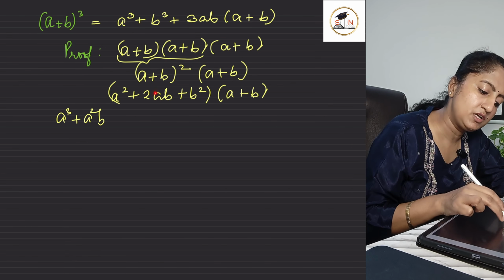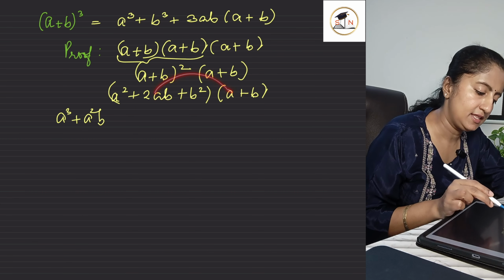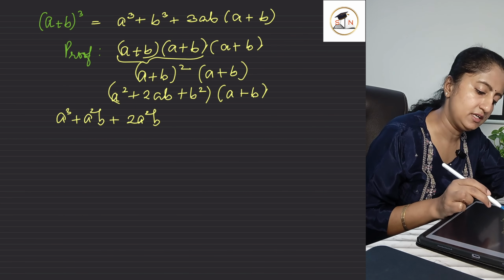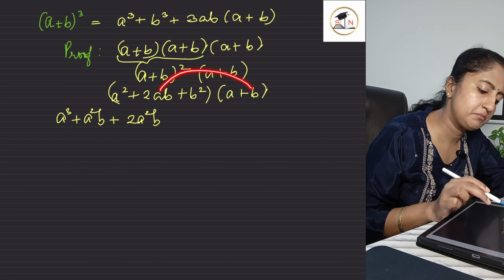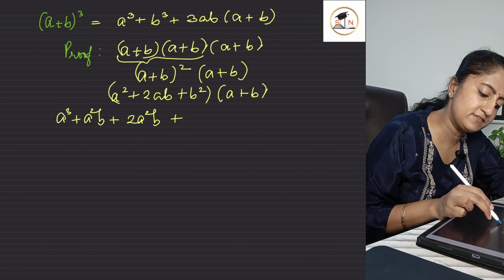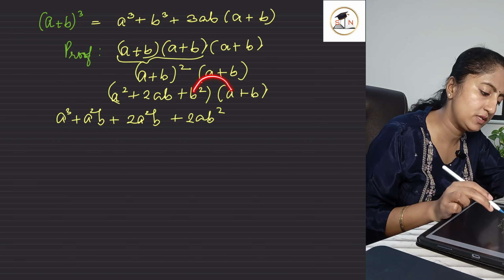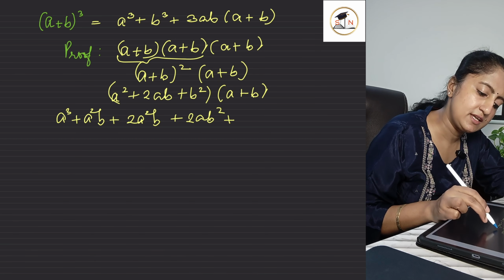After that, 2ab with a gives me 2a square b. After that, 2ab with b gives us 2ab square. Then b square with a gives us ab square. And lastly, b square with b is b cube.